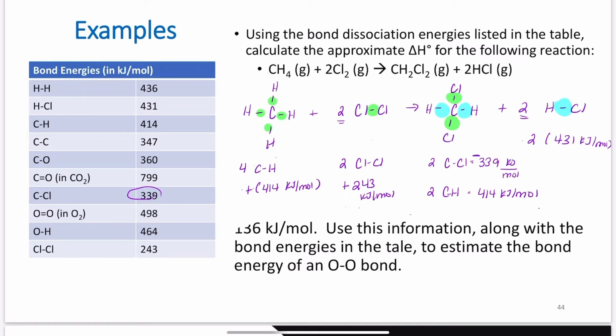There you can see it. Negative number there, negative number here, and negative number here. Bond energies are always reported as positive numbers. If I'm breaking it, I'm doing the opposite of forming, therefore I change the number to a negative number. So in my calculator, I'm going to say 4 times 414 plus 2 times 243 minus 2 times 339 minus 2 times 414 minus 2 times 431.